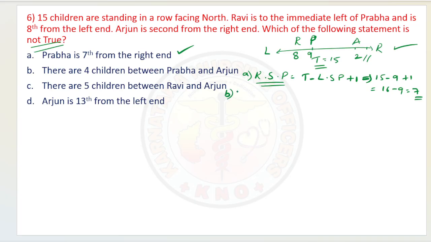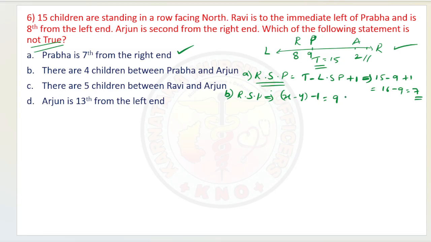Now let us check. So right side position of Prabha and Arjun. Okay. See, to calculate the number of objects between the two positions, what is the formula? X minus Y minus 1, right? Correct? So Prabha and Arjun. So right side position we are calculating.